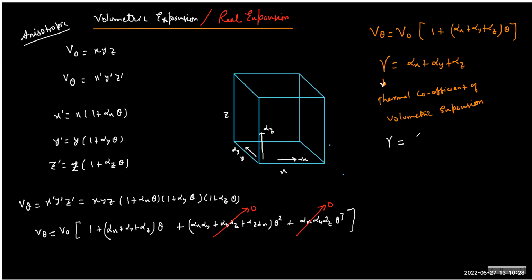So gamma we got as this, alpha x plus alpha y plus alpha z, and therefore the volume at theta we can write as V naught.